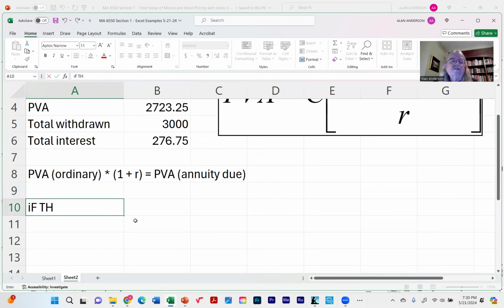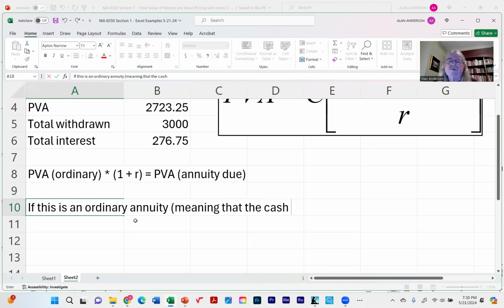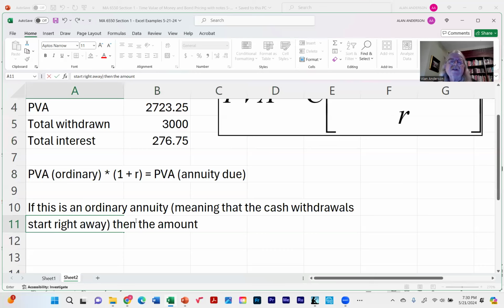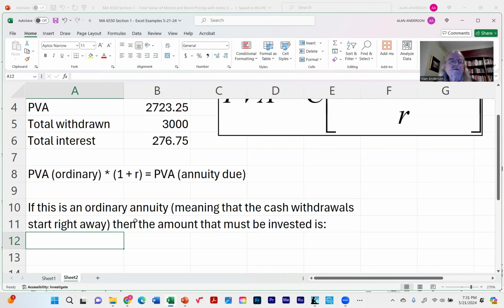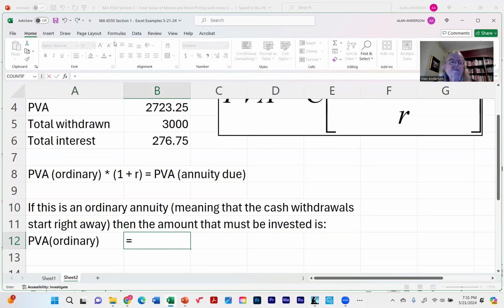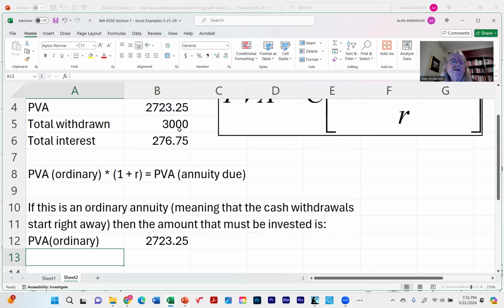So if this is an annuity due, meaning that the cash withdrawals start right away, then the amount that must be invested, okay, and so we're going to remind ourselves that ordinary is 27, 23, 25.